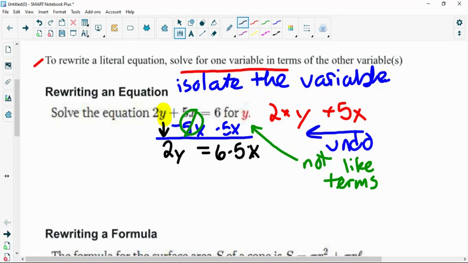We almost have y by itself. But there's still one other thing occurring with the y: it's still being multiplied by 2. So in order to remove the multiply by 2, we need to divide by 2.